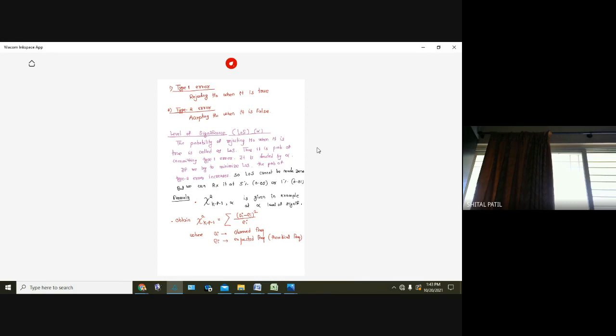Then K is number of observations. Then let P be the number of calculations done so that EI is greater than 5.